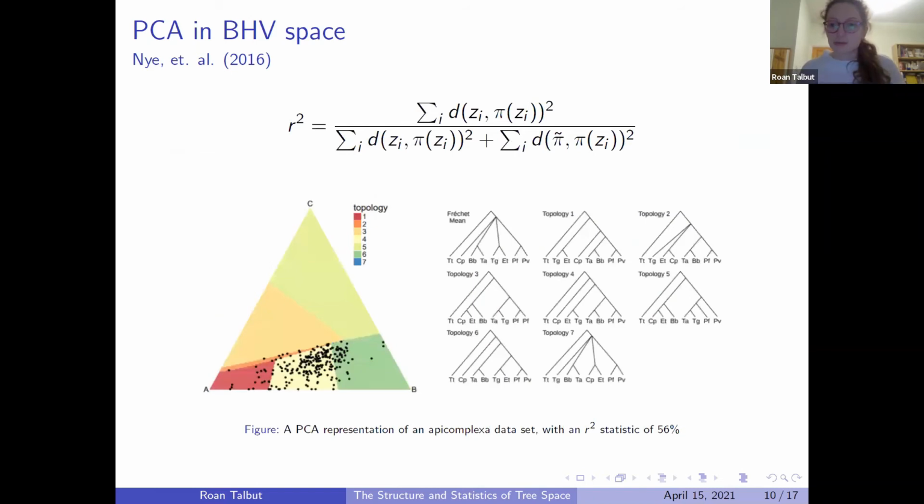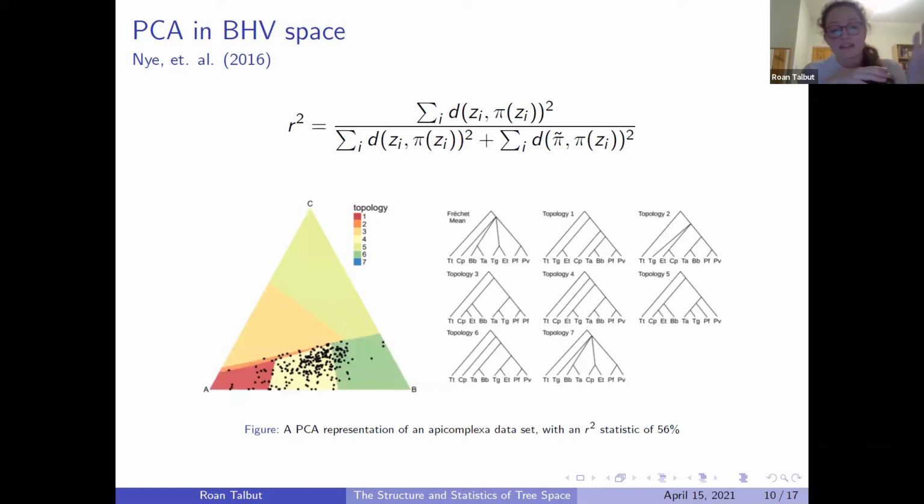We then go about doing our principal component analysis, and this funky picture is what we end up with. So this is 2-dimensional principal component analysis, and we've mapped this triangle into our tree space. And there's a lot of things to talk about here.